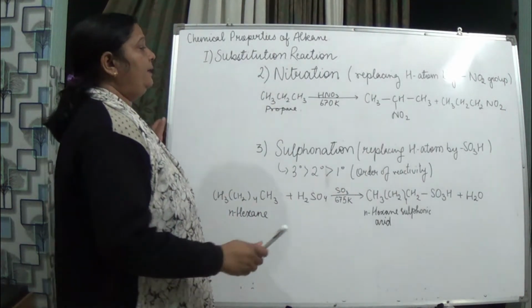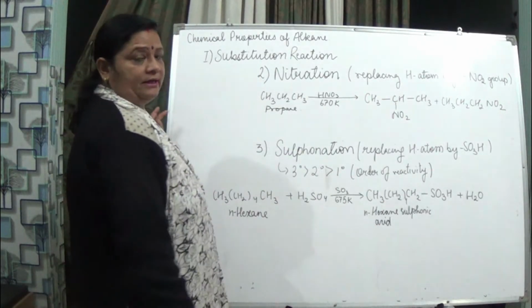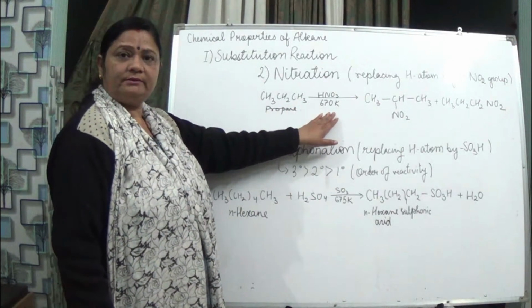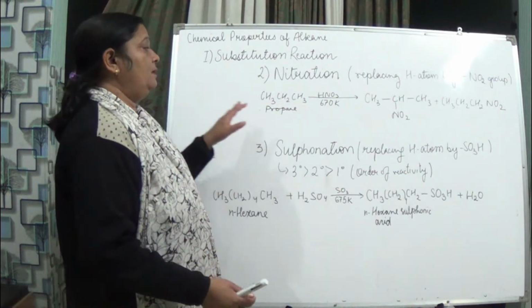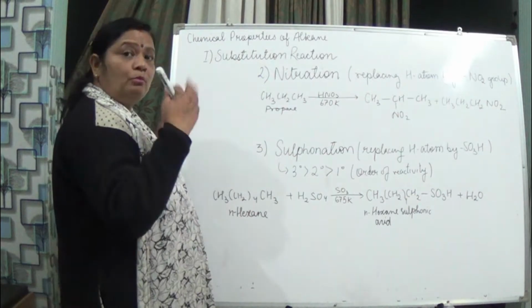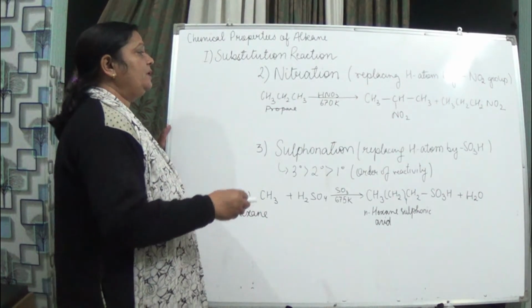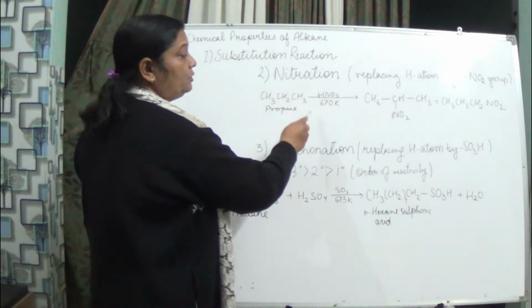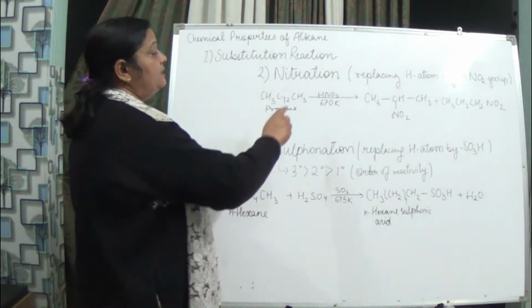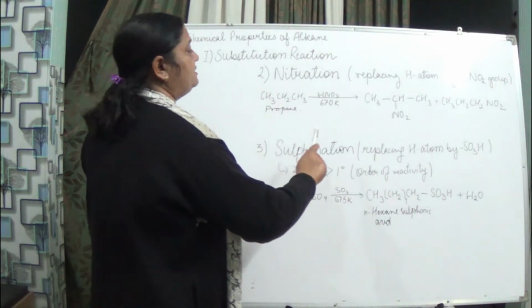HNO3. And the temperature should be maintained at 670 Kelvin, or you can write 670 to 680 Kelvin. But don't write too high or too low a temperature. So taking this alkane, that is propane, adding HNO3 to it, at a specific temperature of 670 Kelvin.